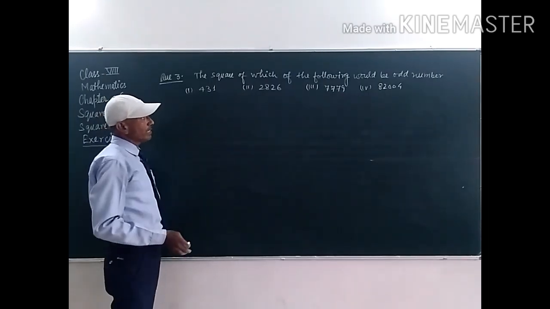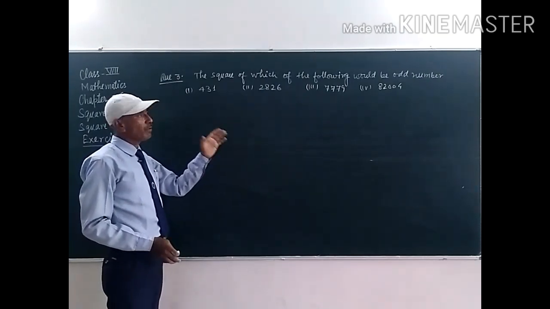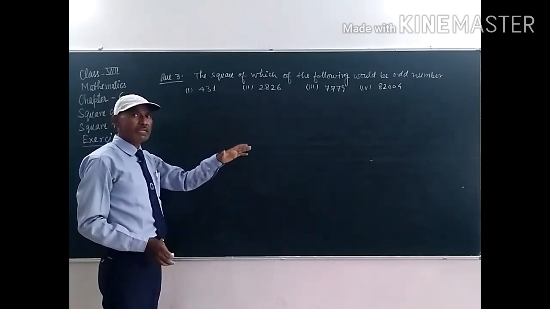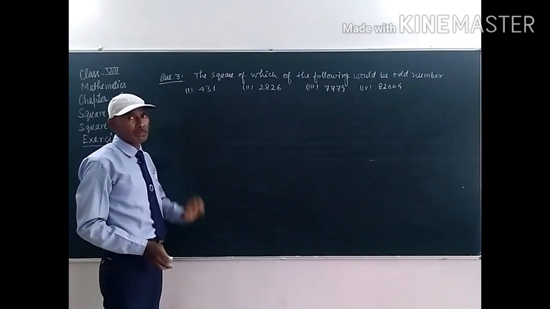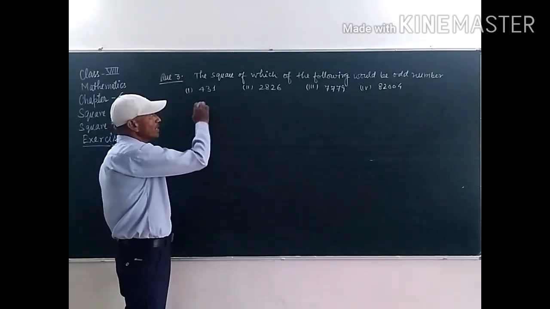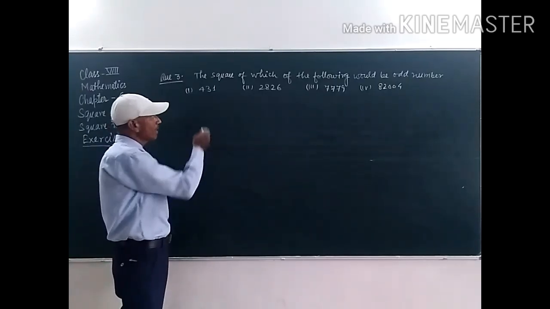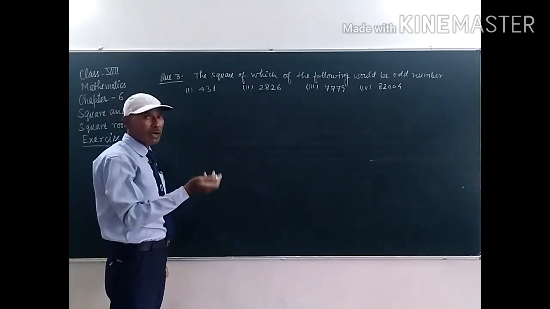We know that square of any odd number will always be odd. Square of any even number will always be even. This is the basic property of square numbers, student. So first of all we have to find which numbers are odd numbers. If the number is odd, then their square will be odd.